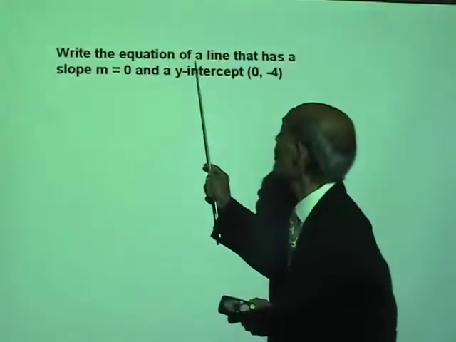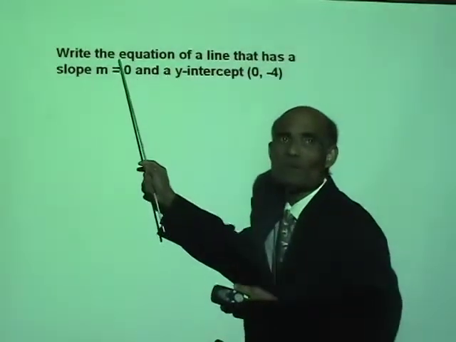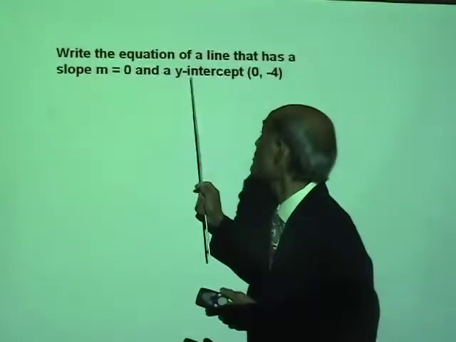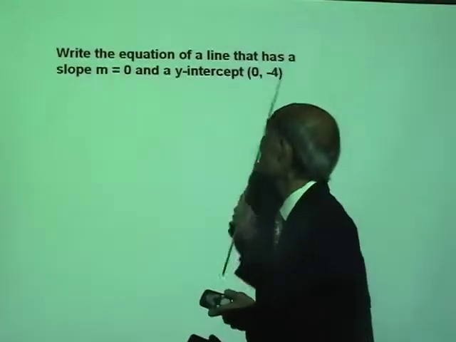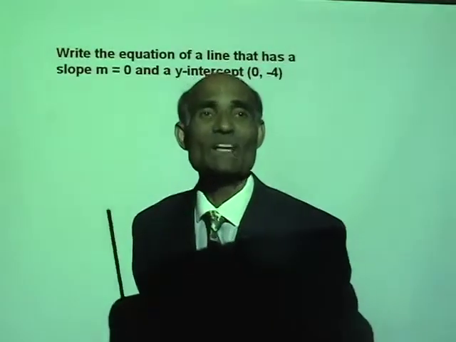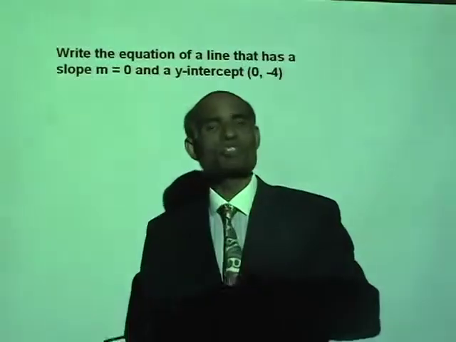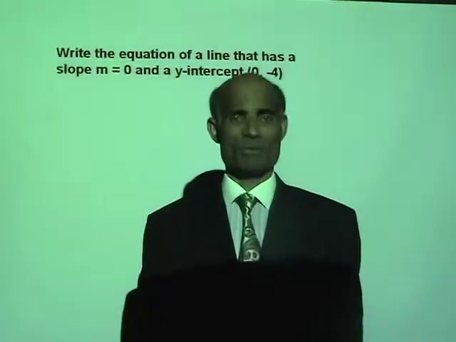Write the equation of a line that has the slope m equal to 0 and y-intercept 0, -4. You should be able to tell me what kind of a line is that. m equal to 0, the slope is 0.